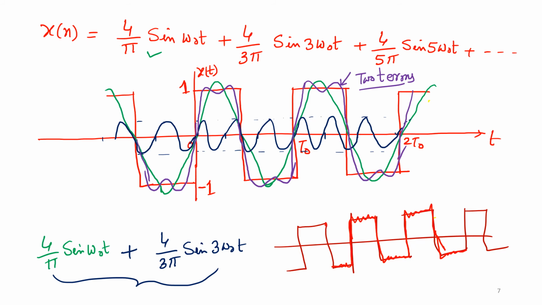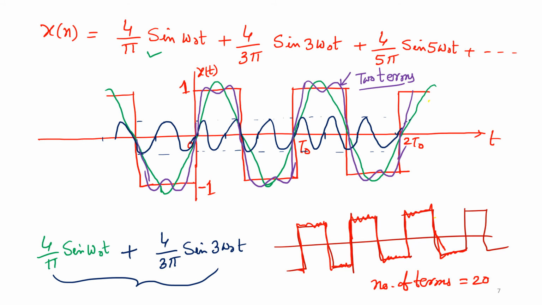I think you can understand. So this is, suppose, for number of terms equals 20. If you go further, it is again better and better. Okay. So this is the idea. This square wave.